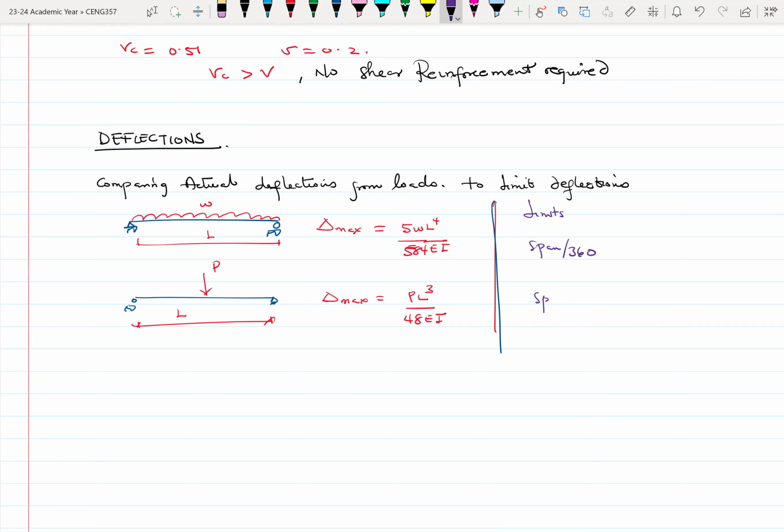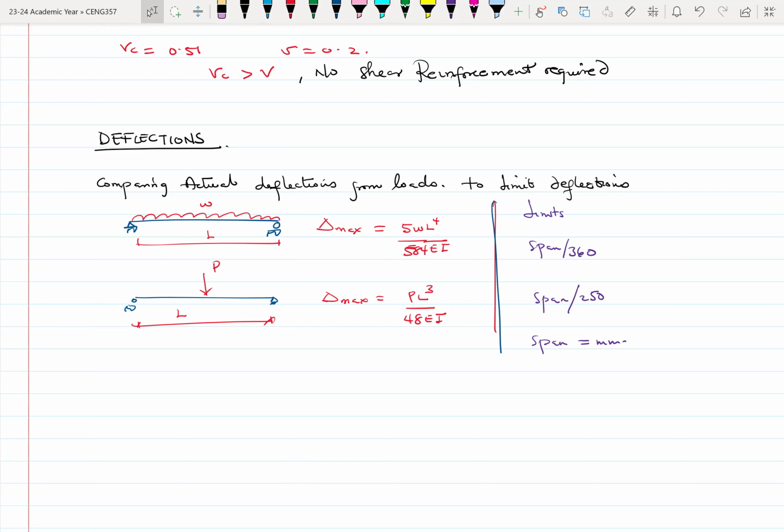You can also have a span over 250 and all of that. Okay. So the span is the length, and the span is normally in millimeters. So when you find this ratio, span over 360, and you compare that to the deflection, then you see your limiting deflection should always be more than the actual deflection to ensure that your structure is safe. Okay.